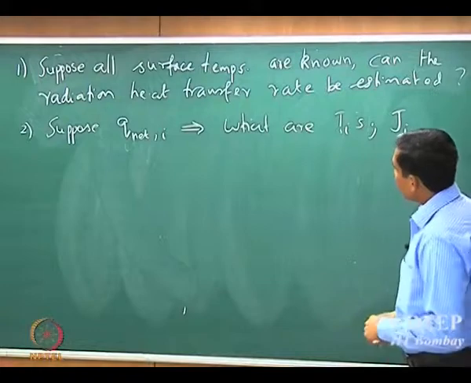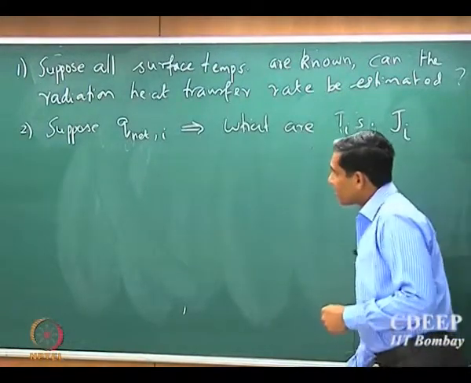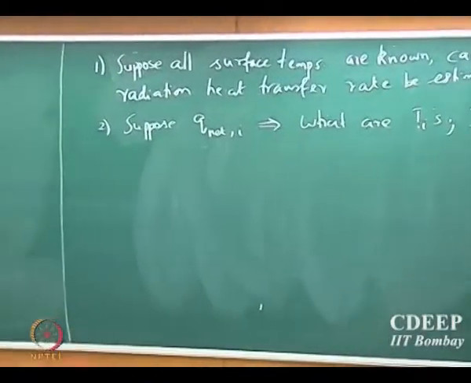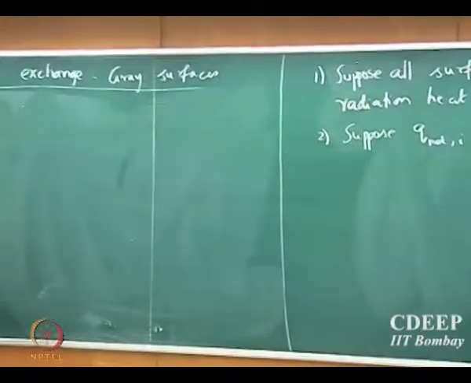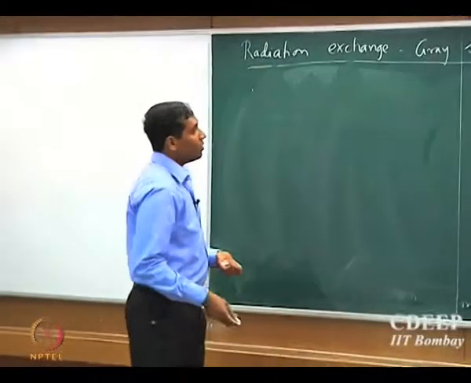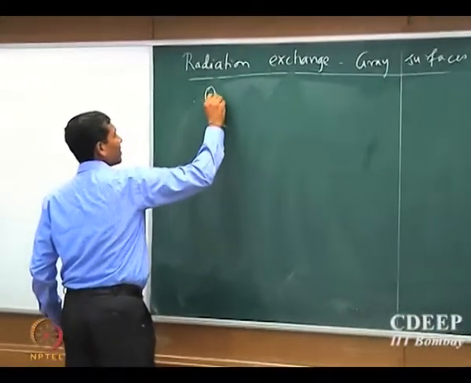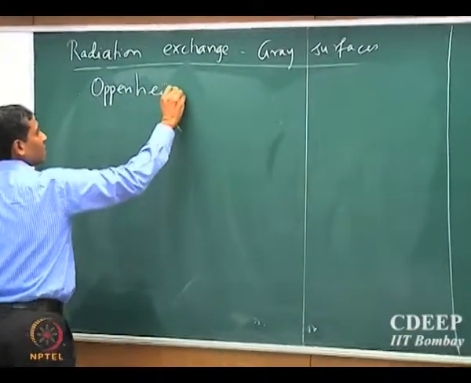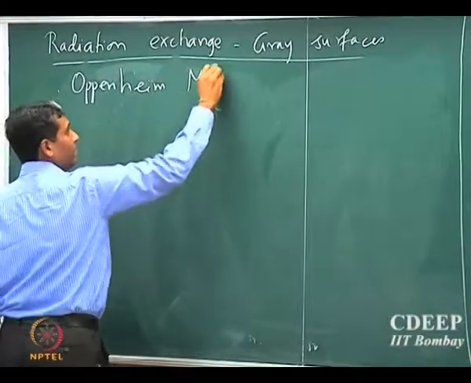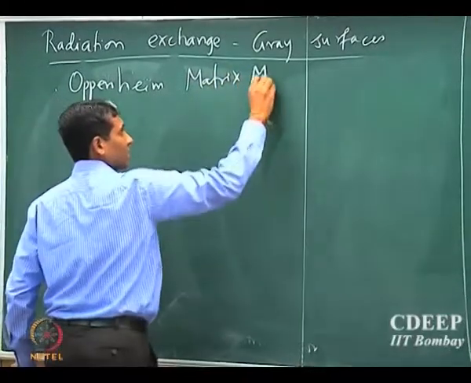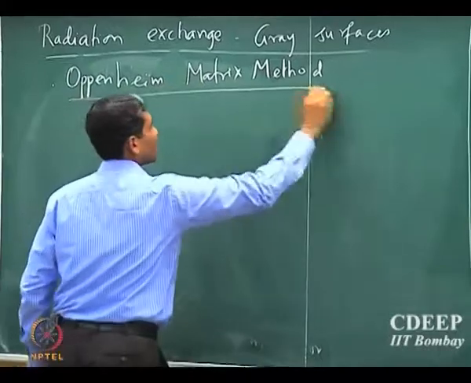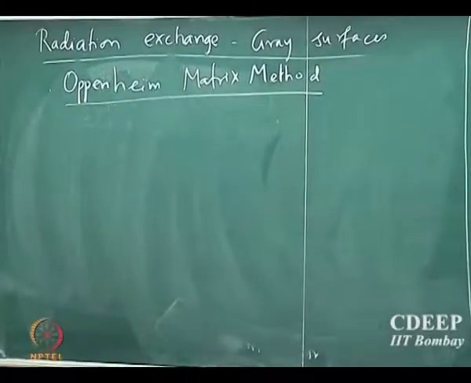Let us look at how to answer the first question. With whatever framework that we have developed so far, we are going to use what is called the Oppenheim matrix method to answer question 1 and question 2.